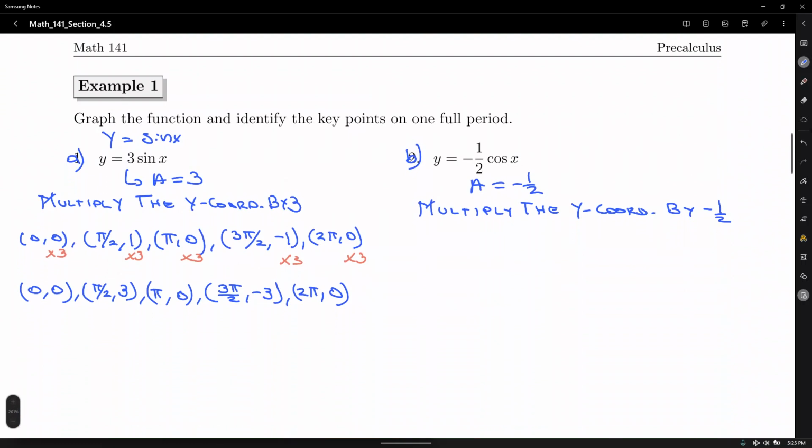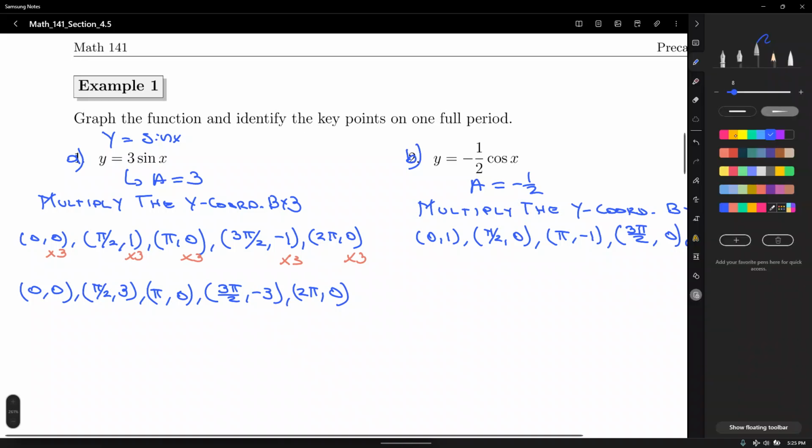Okay, so let me write them down. 0, 1, pi over 2, 0, and what else? Pi, -1, and 3 pi over 2, 0, and lastly 2 pi, 1. Okay, so what are we going to do?